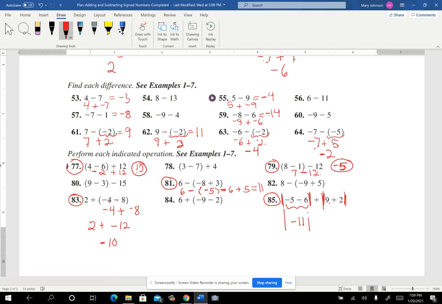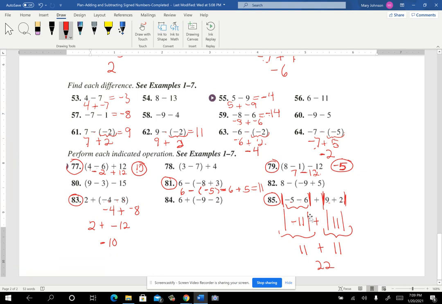Okay, then a 9 plus 2 would be a +11. Now it says to do the absolute value of -11, so that's going to be 11. The absolute value of +11 is also 11. And so that's going to turn out to be 22 when you're finished.